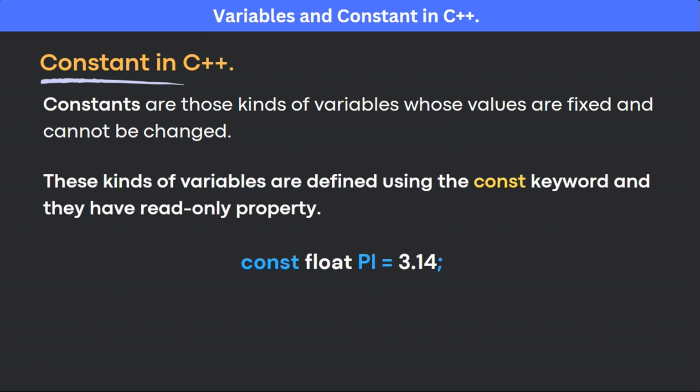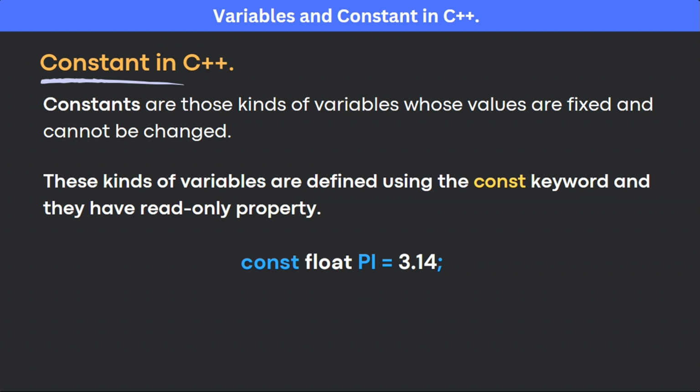Let's understand this with one example. So this is a constant. We have defined the const keyword in the beginning, then a data type, which is float, and then we have given the name to that constant, which is pi, and we have initialized this constant with the value 3.14. For now, the value 3.14 of the constant pi is fixed.